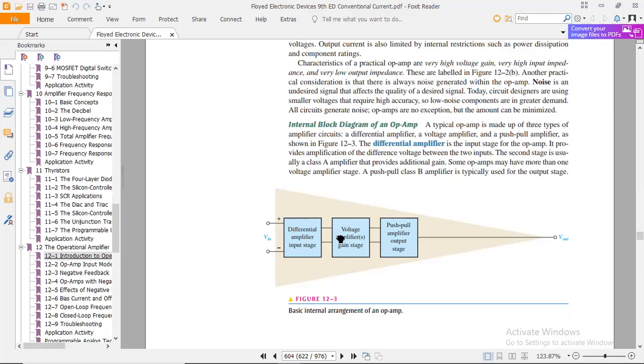Then we discussed the basic internal arrangement of an op-amp: the differential amplifier input stage, where the difference of the positive and negative inputs is available, which is then provided to the voltage amplifier gain stage, and then the push-pull amplifier output stage, and then we get the amplified output from the op-amp.